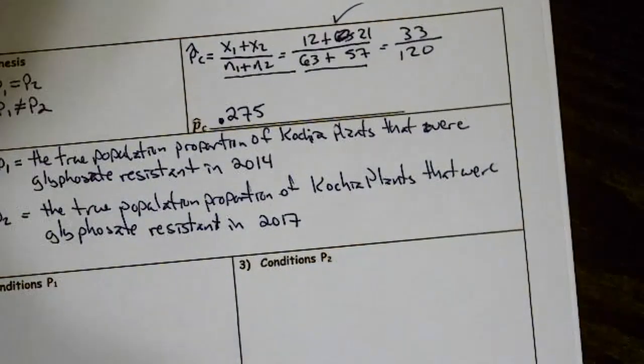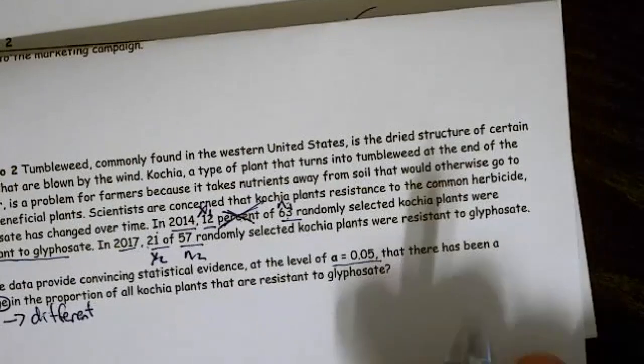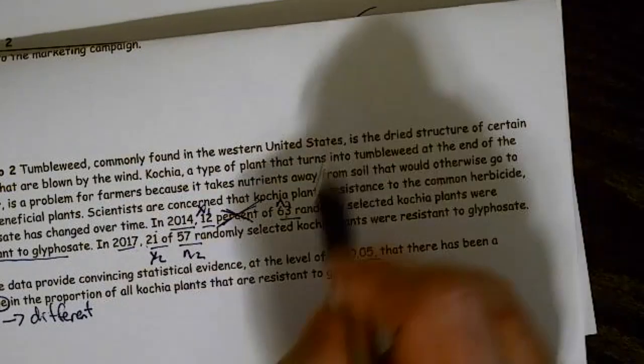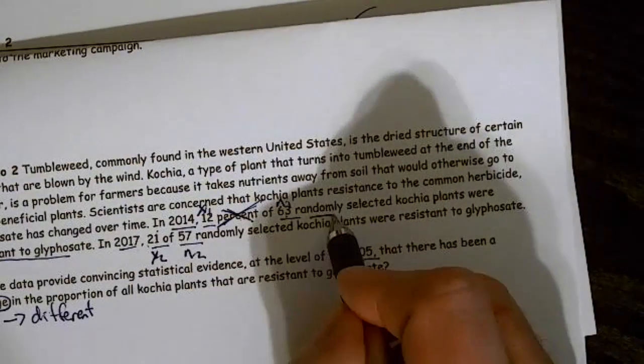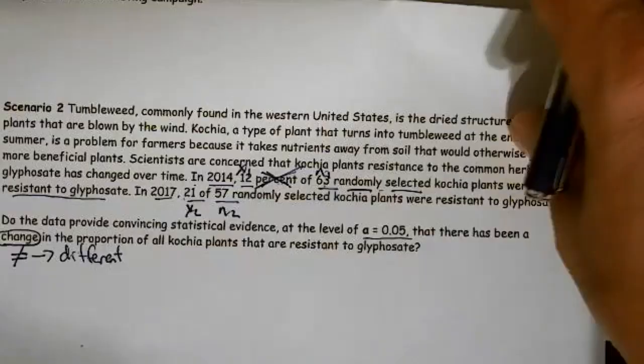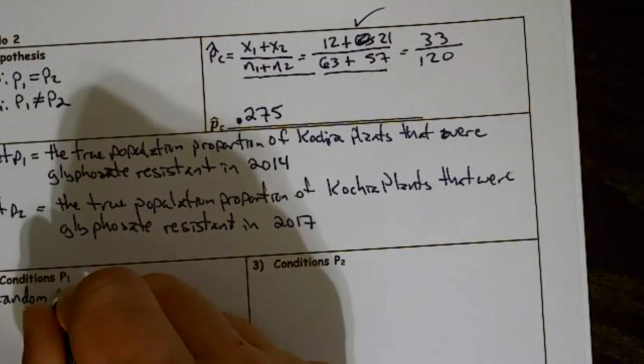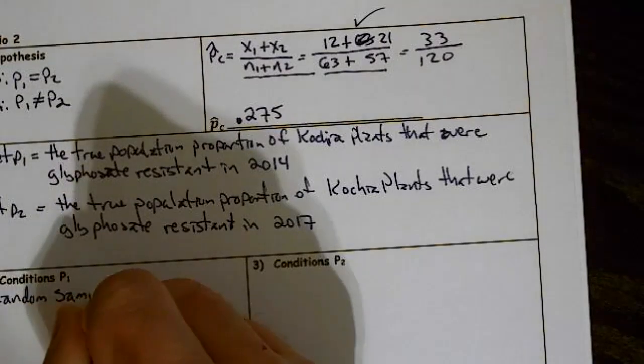All right, so it tells us these were randomly selected. All right, these were not randomly assigned, these were randomly selected. So we have random sample.